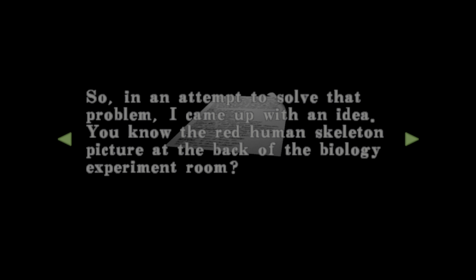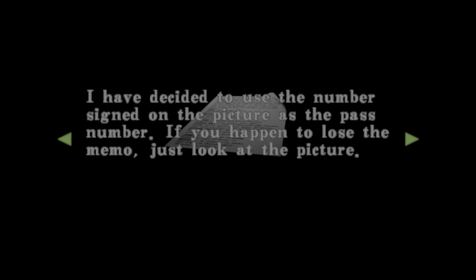So, in an attempt to solve that problem, I came up with an idea. You know the red human skeleton pictured at the back of the biology experiment room? I have decided to use the numbers signed on the picture as the pass number. If you happen to lose the memo, just look at the picture. Well, I don't think you would ever need to use the emergency button anyway, but just take it just in case, you know. Mr. Careless.